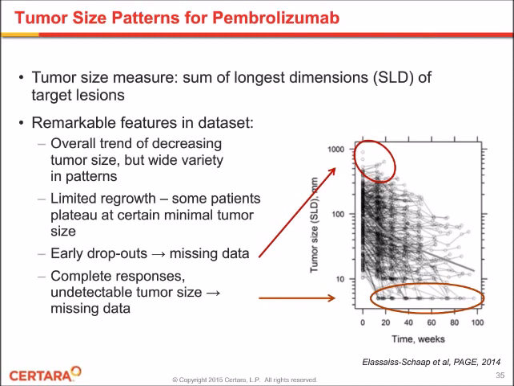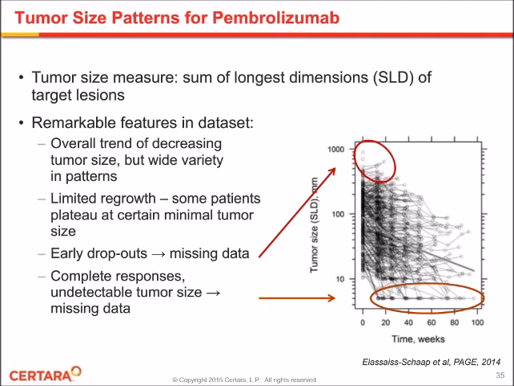Just to point out that the tumor size measure used here was the sum of longest dimensions, or SLD, of the target lesions, which is a quite common measure to use. But some remarkable features were, of course, the overall decreasing trend, which is good, but with a wide variety in patterns. Limited regrowth, hardly any regrowth, I would say, with some patients plateauing at certain minimal tumor size, but not necessarily showing any regrowth.